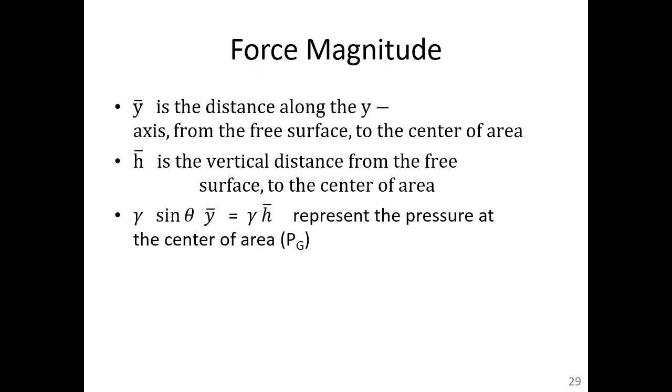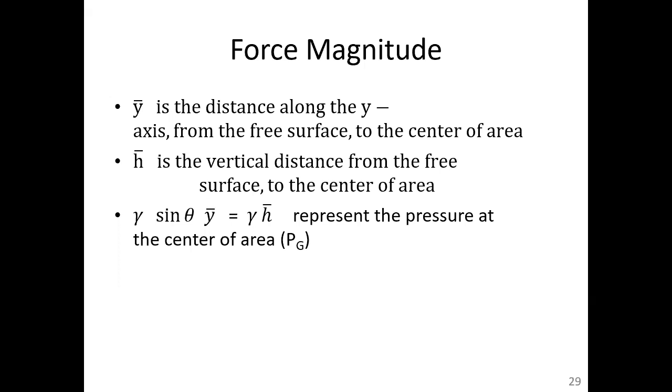Gamma sine theta y bar is equal to gamma h bar. Gamma h bar, or gamma y bar sine theta, is the pressure acting in a very specific location. It's the pressure acting at the center of area. H bar is the location of the center of area. Gamma h bar is the pressure at the center of the area.